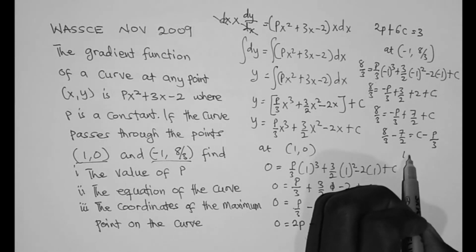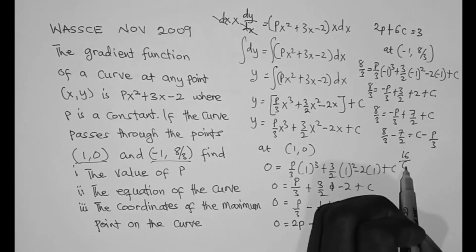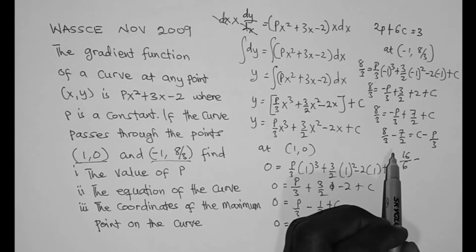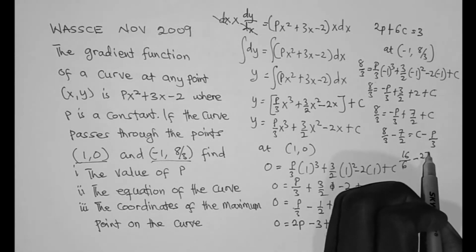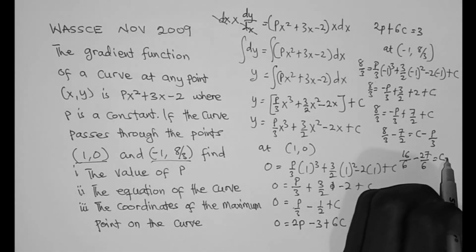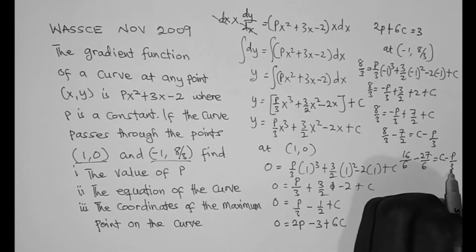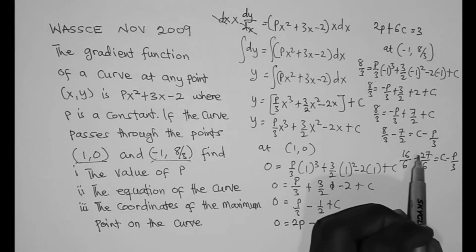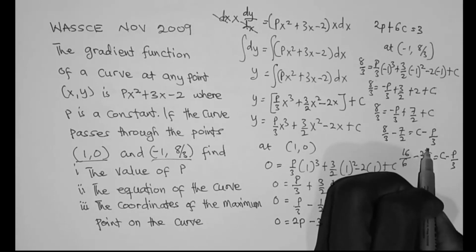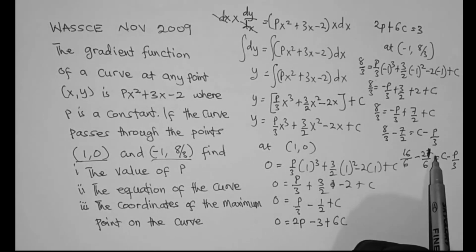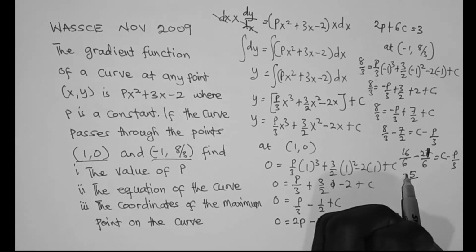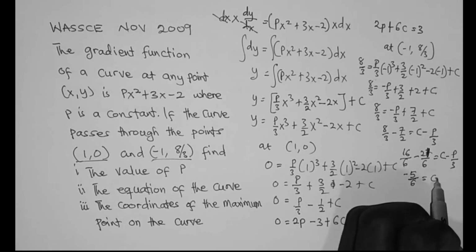So 2 times 8 is 16 divided by 2 times 3 is 6, minus, I want to multiply this fraction by 3 over 3. 3 times 7 is 21 divided by 3 times 2 is 6, equals c minus p over 3. Sorry, I made a mistake earlier, 3 times 7 is 21. So now 16 minus 21 is minus 5, so minus 5 over 6 is equal to c minus p over 3.